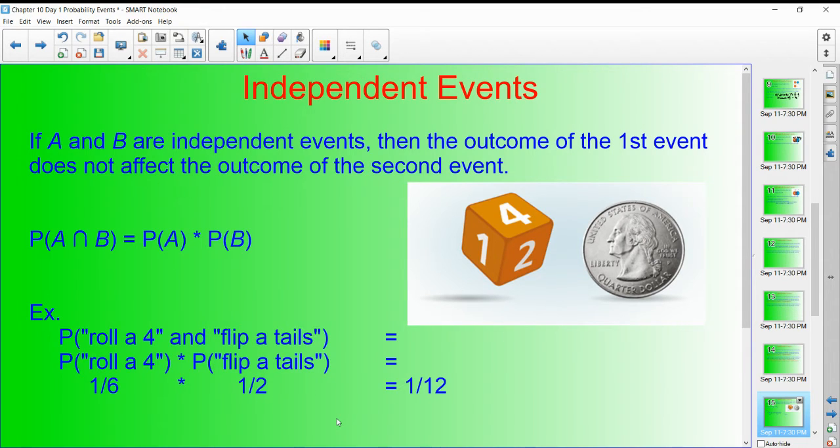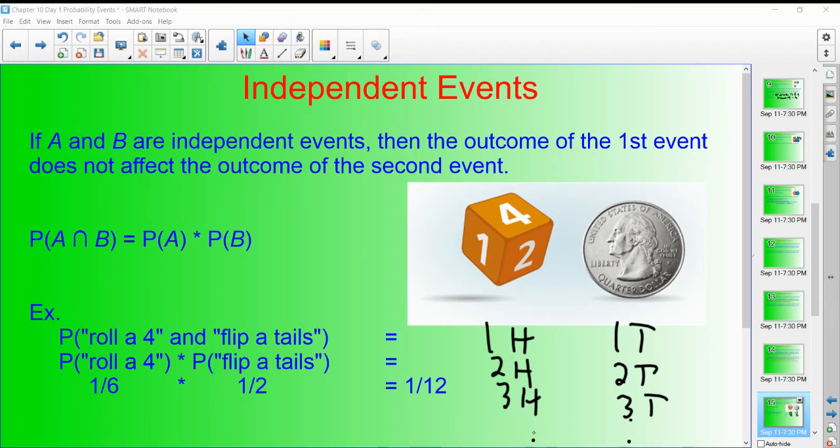If I wanted to list the sample space, I can get a 1 with a heads and a 2 with a heads and a 3 with a heads, all the way up, and then 1 tails, 2 tails, and 3 tails, and have all the other events, I can do that. And say 4 tails, which would be right here, is my only winner. I can say I have 1 out of 12 winners. I can do it that way too. Or I can use the multiplication property of independent events.